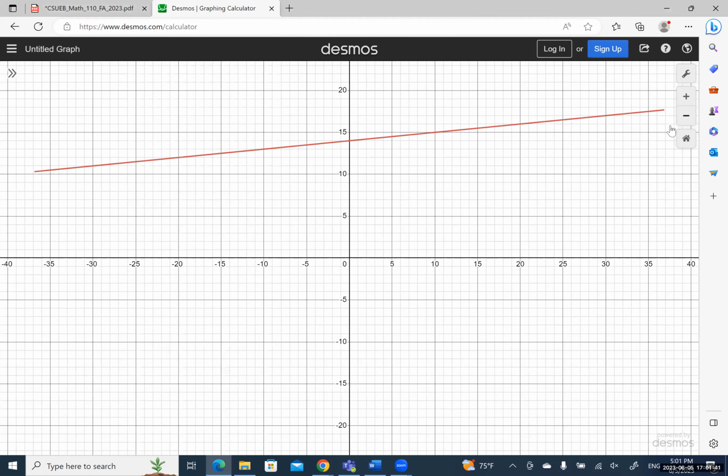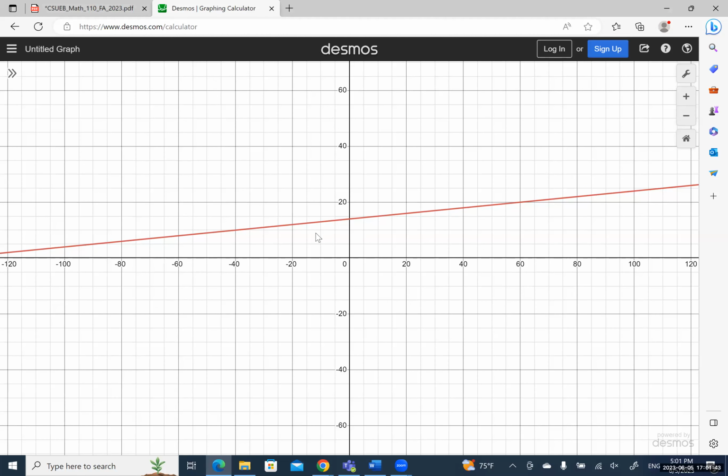So here is the line that we have from the Desmos.